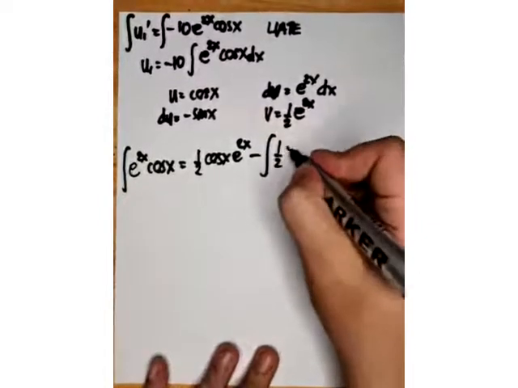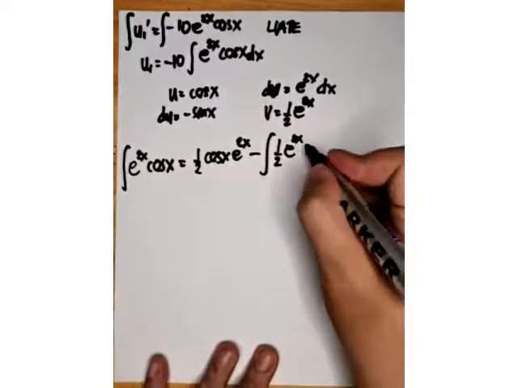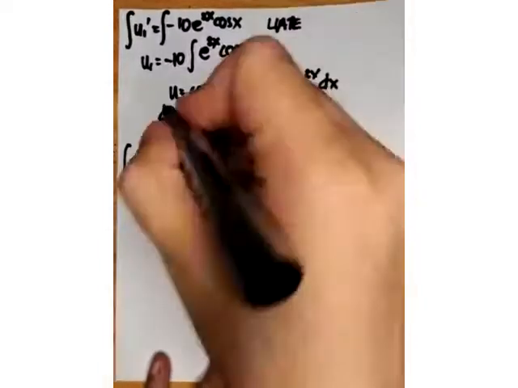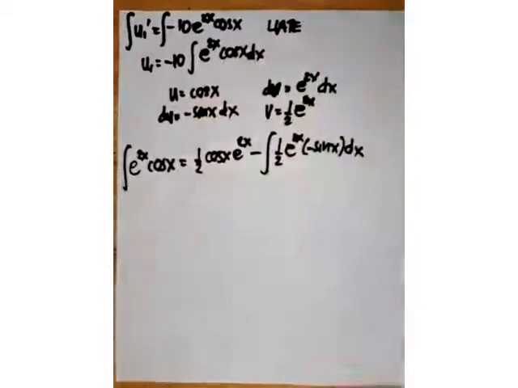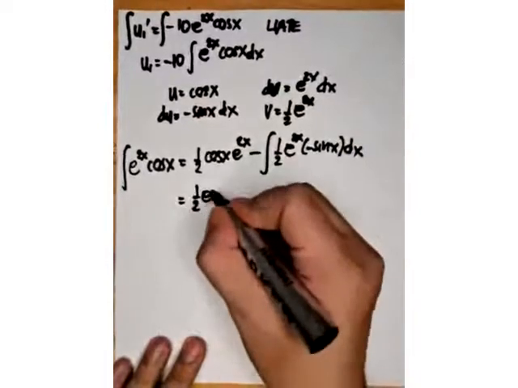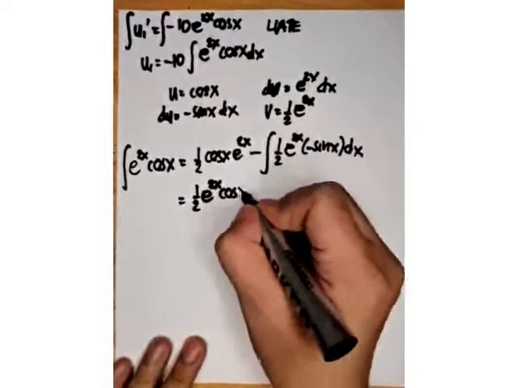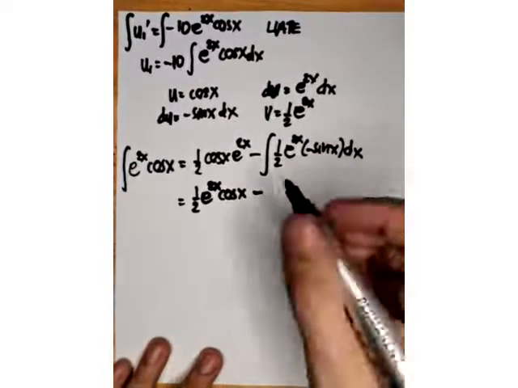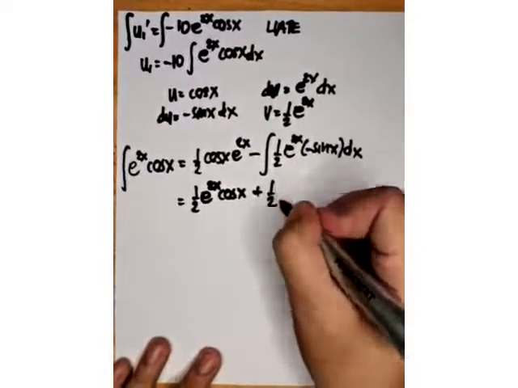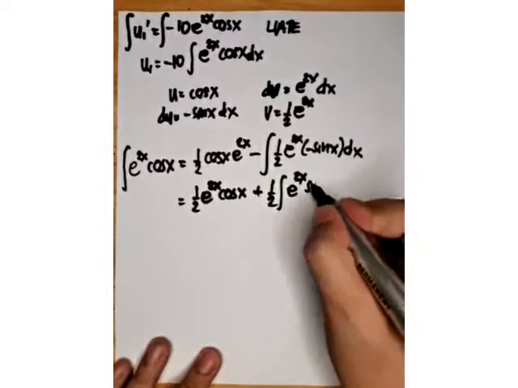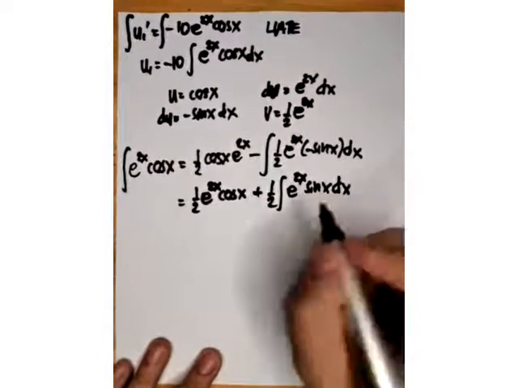So that's 1/2 e raised to 2x times negative sine x dx. So may dx pala dito. Alright. Okay, so let's simplify. So that is equal to 1/2 e raised to 2x cosine x, minus, or plus na pala, 1/2 times the integral of e raised to 2x sine x dx.